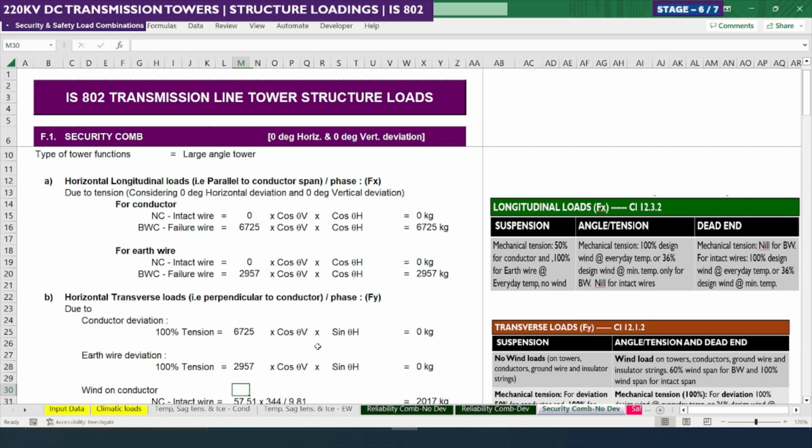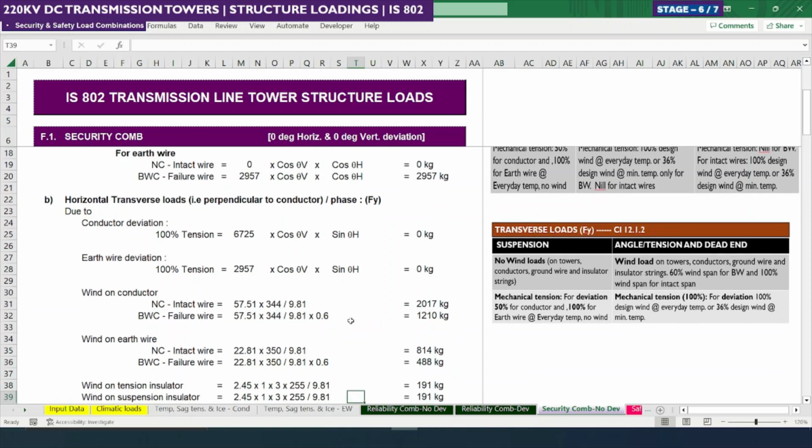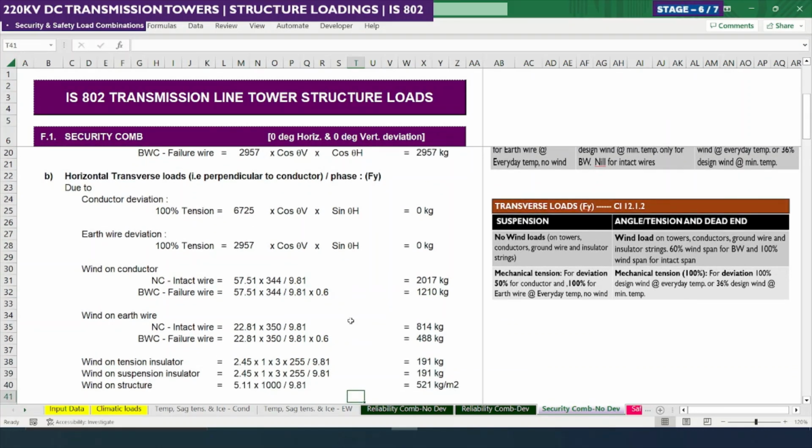So coming to that transverse load, this is applicable for both tension and dead end tower, whereas we need to consider wind as per which we got calculated in reliability level cases, but for broken wire condition we need to multiply with 0.6, that is 60% of wind span we need to consider. So this is applied to earth wire also.